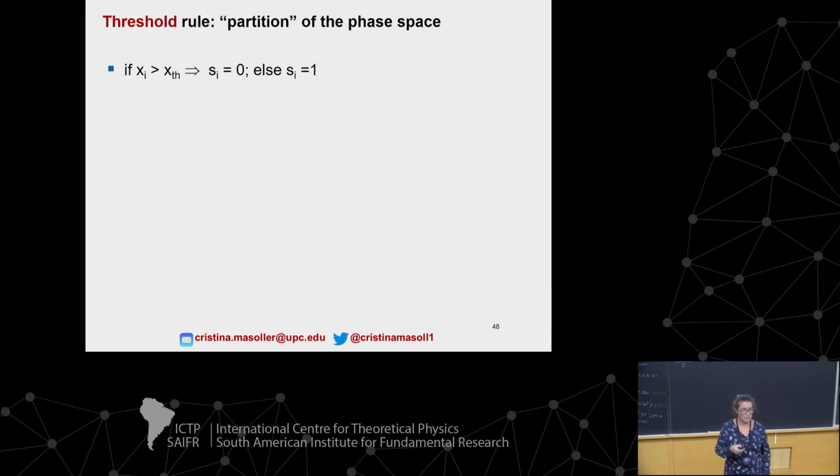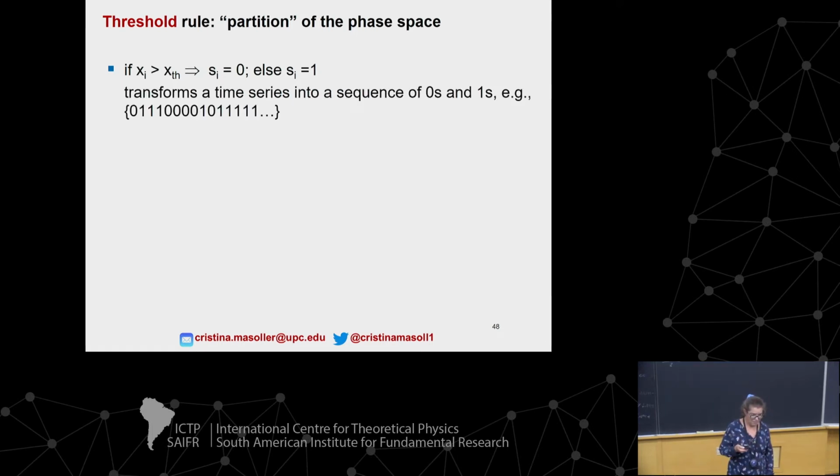You can just consider the order of the data points. So this is the example of the threshold rule. I'll talk about the other possibility later. This gives you a sequence of zeros and ones, or more in general other letters, if you have more thresholds.